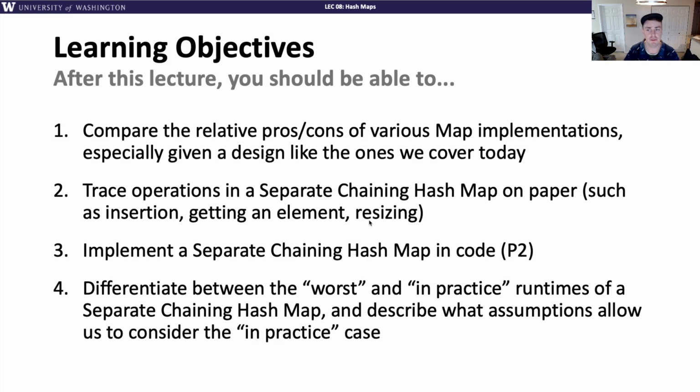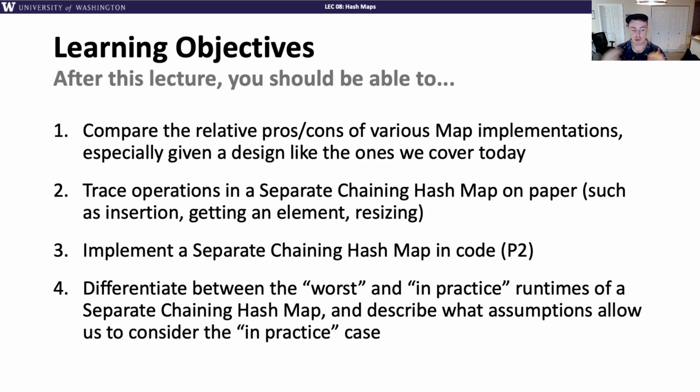So our learning objectives for today's class are to have you be able to compare the relative pros and cons of various map implementations, especially given a design like the ones we've covered today. So if I told you this is how you might implement a hash map, you should be able to tell me what might be great about that implementation and what might not be so great. You should also be able to trace operations in this separate chaining hash map on paper.